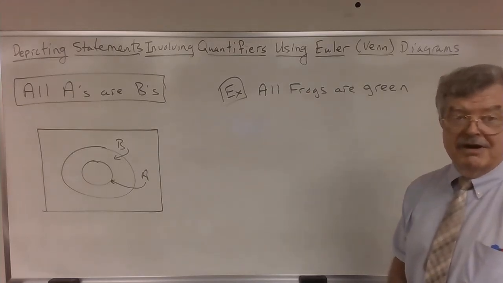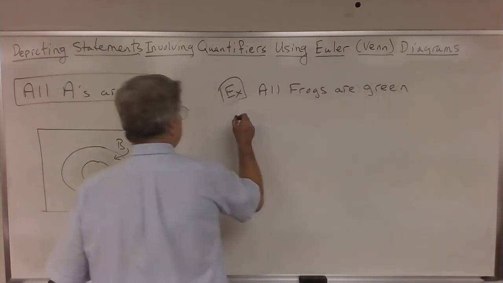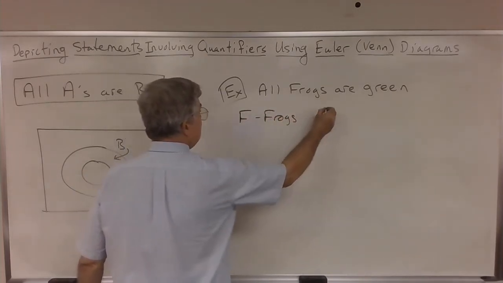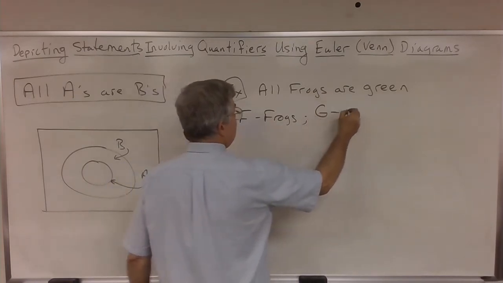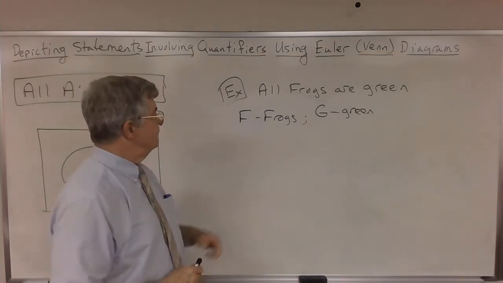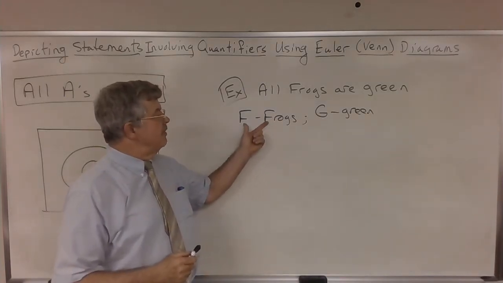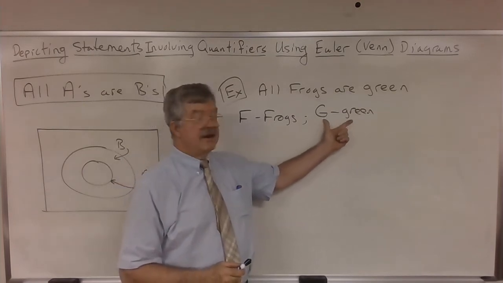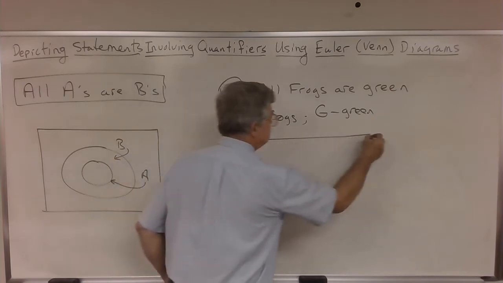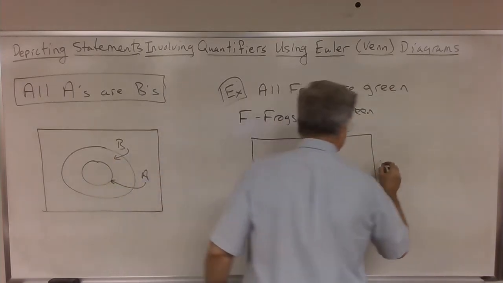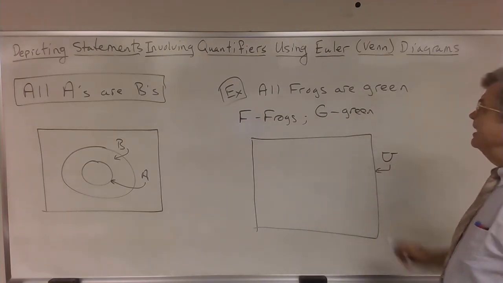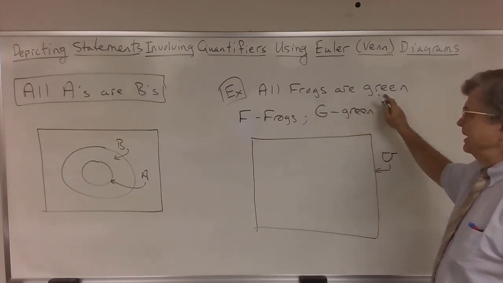All frogs are green. And we'll let F be the frog circle, and we'll let G be the circle containing things that are green. So F is the set of all frogs. G is the set of all green things. And here's our universe. And it says all frogs are green.